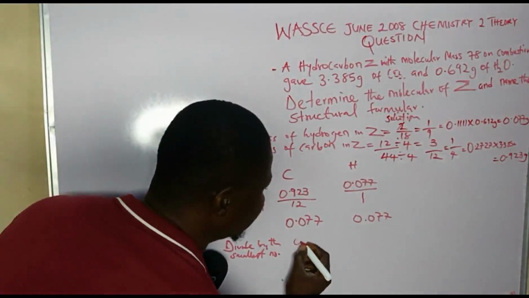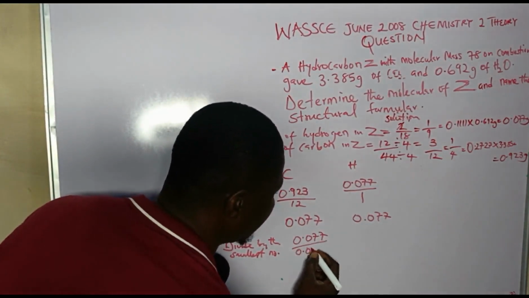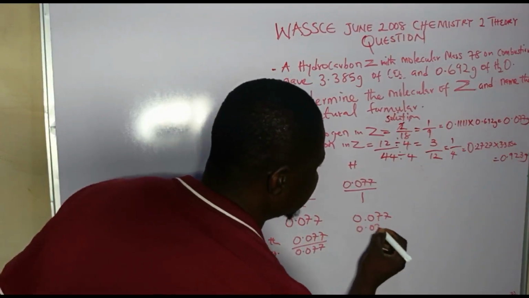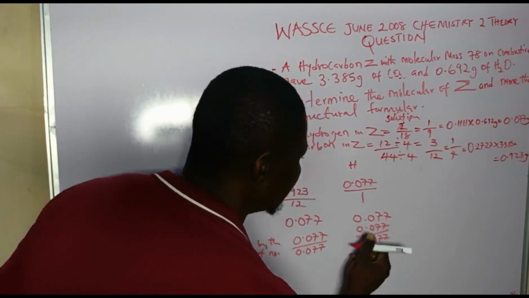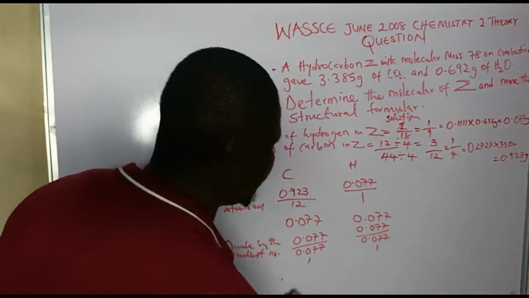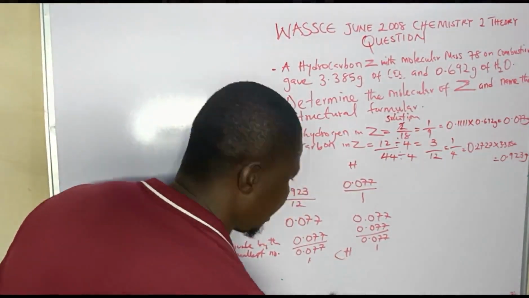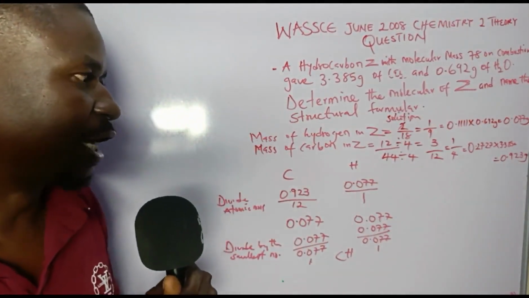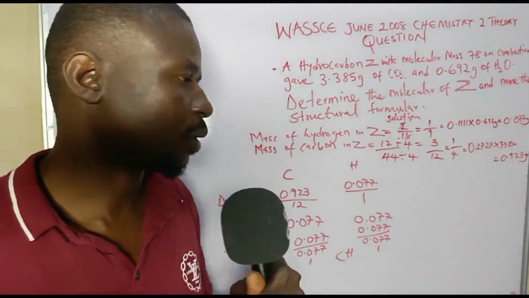So 0.077 divided by 0.077 gives 1. This one will also give us 1. That means the empirical formula here is CH.